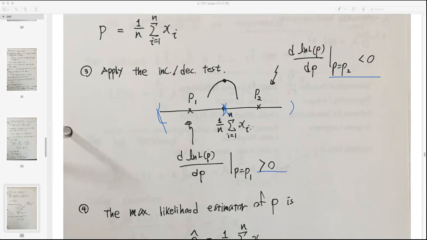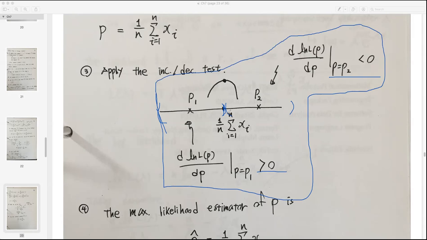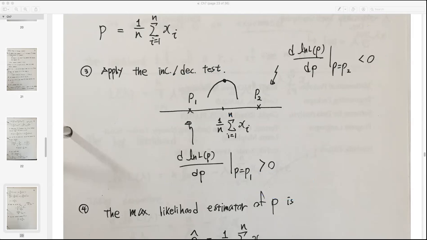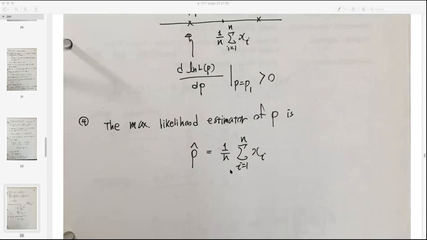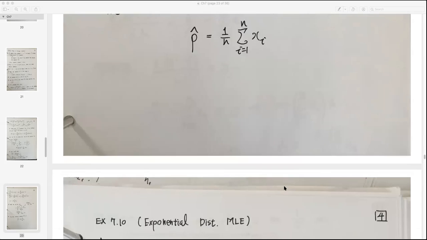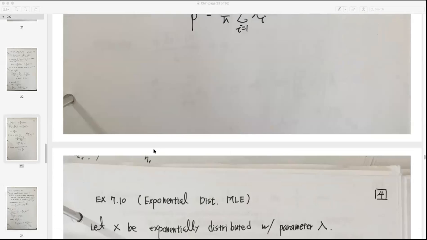When you see a specific example, you have to do this; I just explained the strategy. So once we figure out that the likelihood function has its maximum at p, we can say that the maximum likelihood estimator of p is the sample mean.